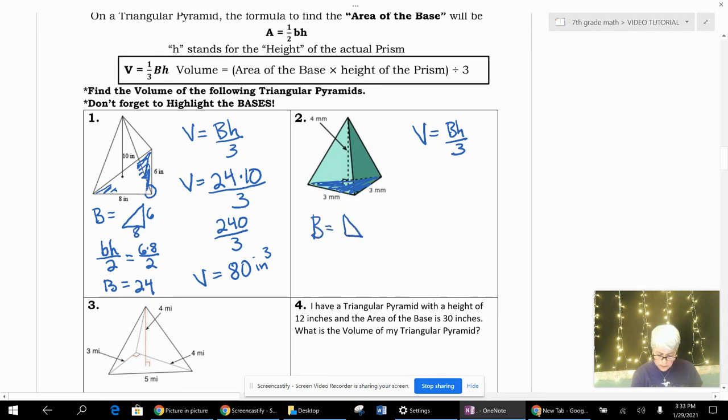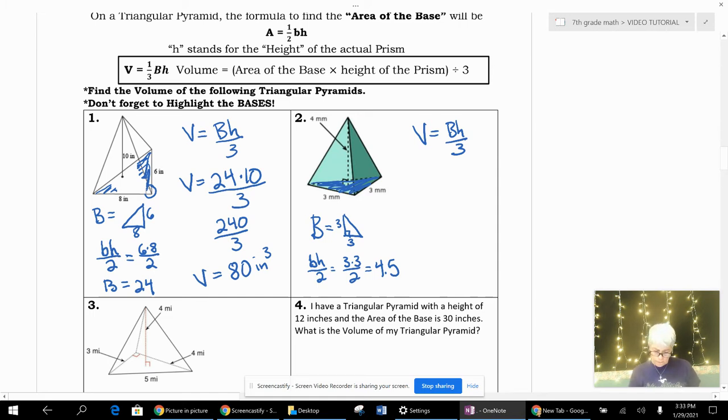This is 3 and this is 3. So big B is base times height divided by 2.